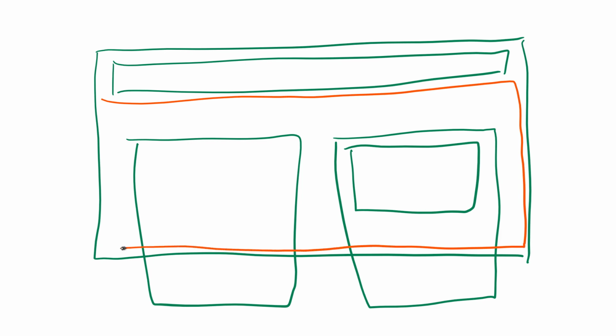It's set to be a full screen row. And what it's going to try to do now is center the content, these two columns, in the middle of the screen.